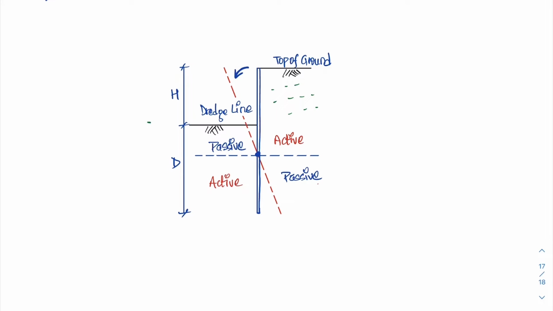Let's say we have a footing here that needs to be constructed, and we'll go all the way to the bottom of that footing, and we'll excavate all that soil just to construct this footing. So the dredge line will be the last line up to which the excavation is done, and the depth of excavation is h, and the embedment from the dredge line into the ground is the depth d.